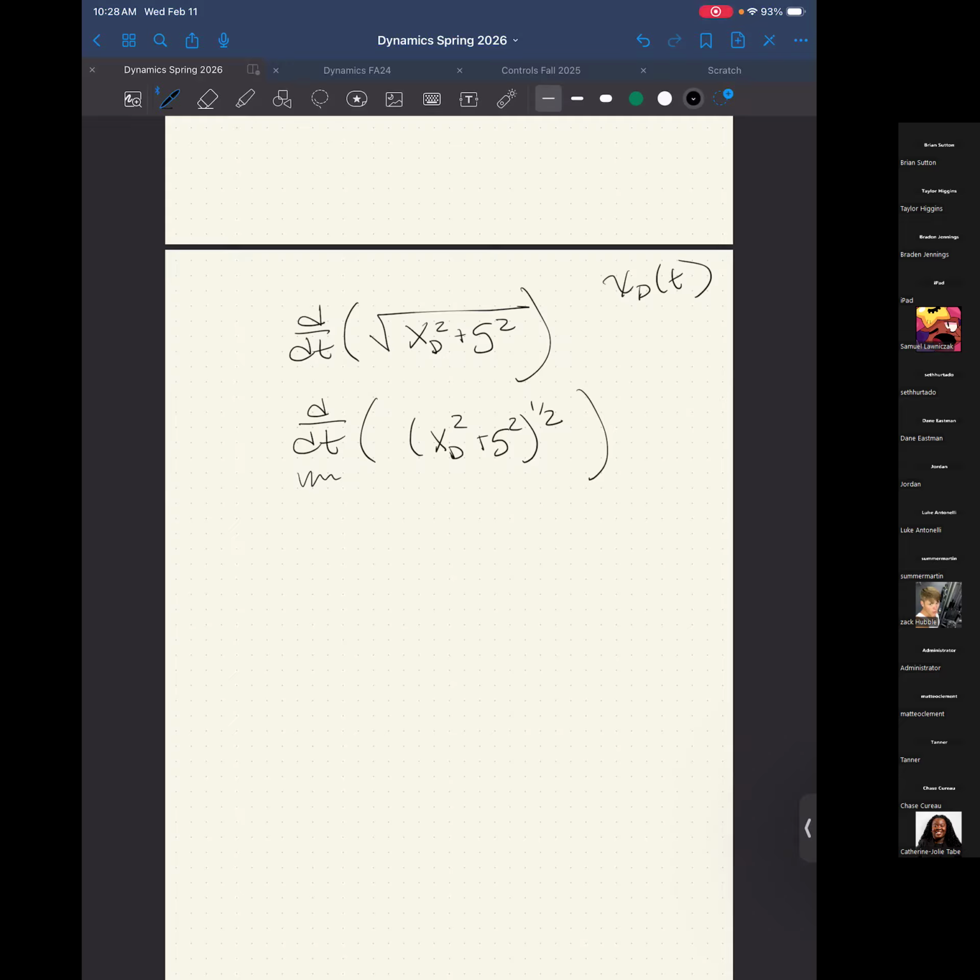But wait, let's do it together, okay? So my outer shell is that I need to first take the derivative where I do 1/2 xd squared plus 5 squared to the minus 1/2. And then I need to multiply that by the derivative of the inside, which would be 2xd times the derivative of the inside of that, which is taking the time derivative of xd.